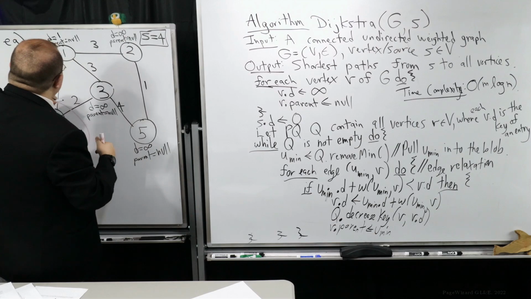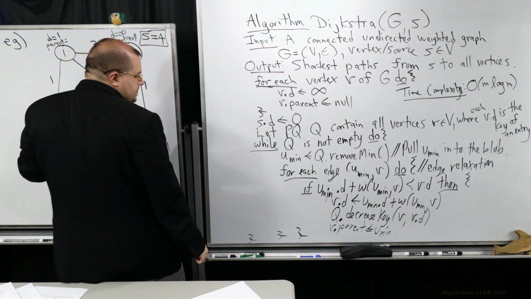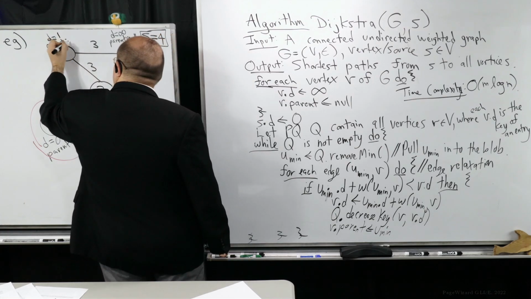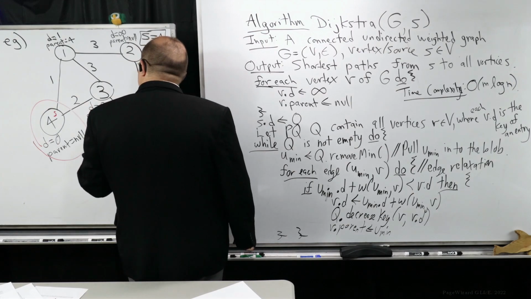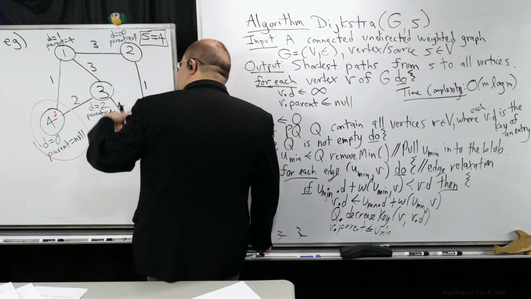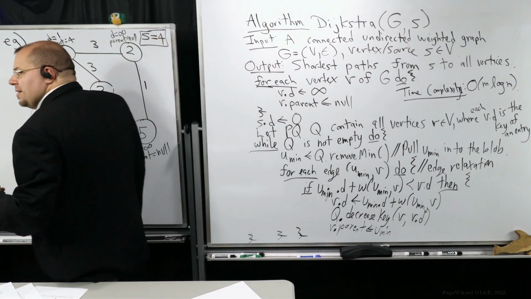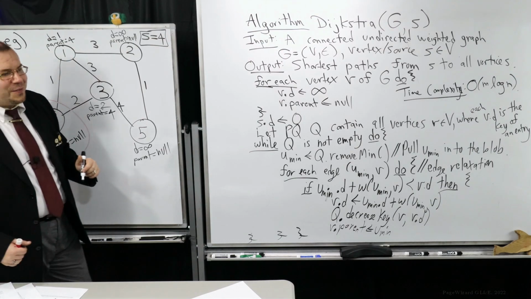So this is 1, and the parent needs to be updated to 4. Same thing here. I found a shorter way to get to vertex 3 via this edge. And that's all my incident edges. So that finishes up dealing with vertex 4. So far, are we doing okay?